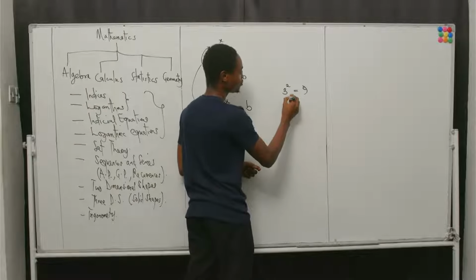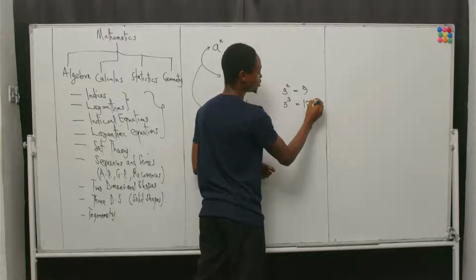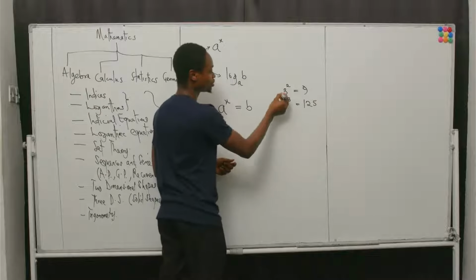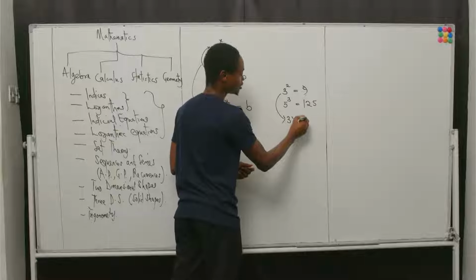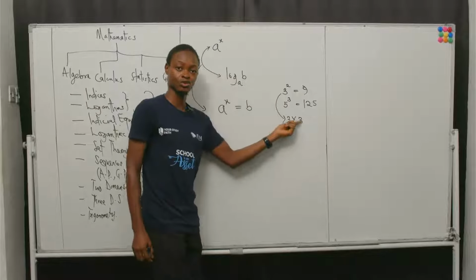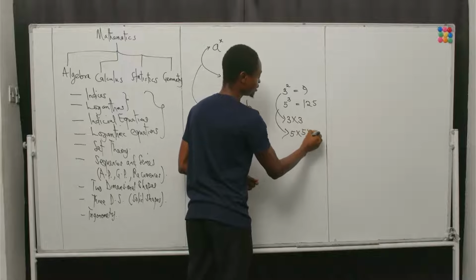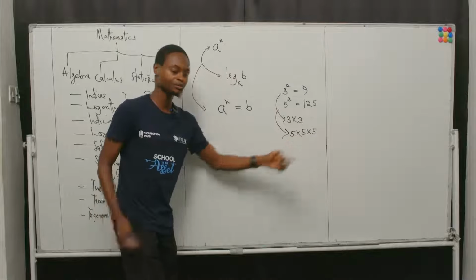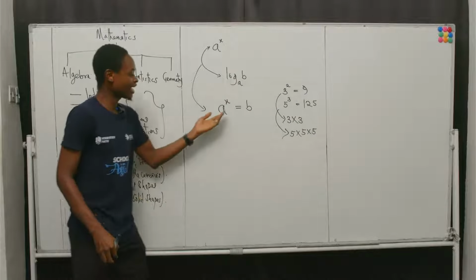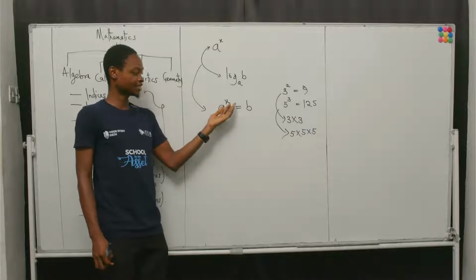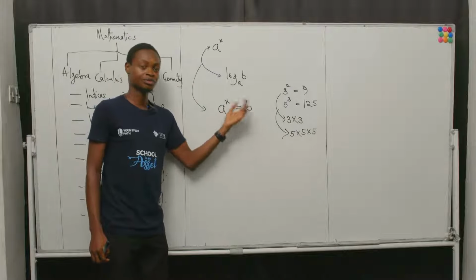If I have 5 cubed, I expect to get 125. Why? Because 3 squared is 3 times 3. That is 3 multiplying itself twice, while 5 cubed is 5 multiplying itself 3 times. So if I multiply a with itself x times, I expect to get b.